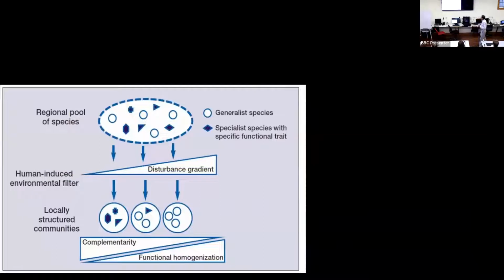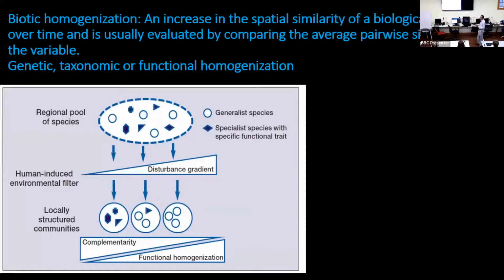Why is it important to tackle these kinds of questions? One of the most interesting theories to me as a wildlife ecologist is biotic homogenization, where the spatial similarities between biological communities increase with anthropogenic development.